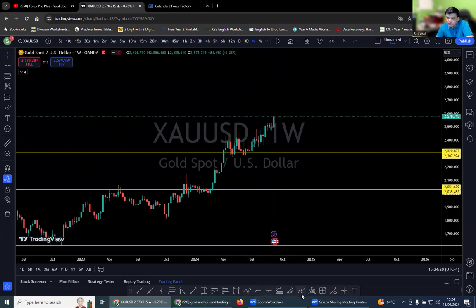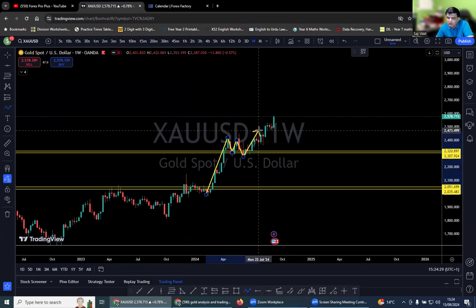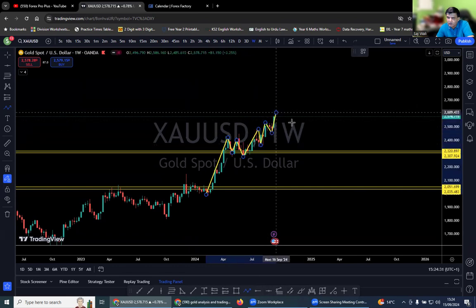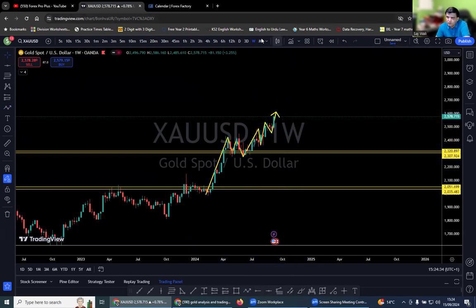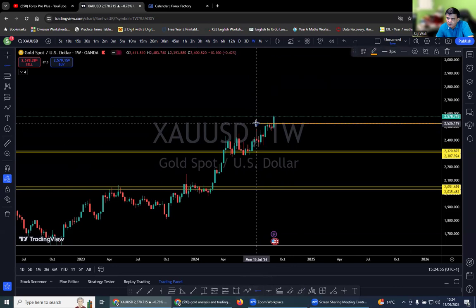The market is very bullish, and as you can see, it is making bullish structures. Currently the market still stands bullish, with this very bullish candle. So what can happen here now? Market may come down a little bit, at least up to this level, which is the 2530 level.